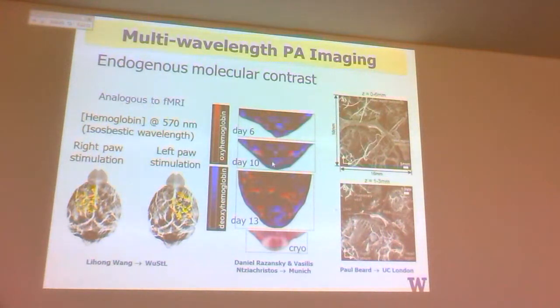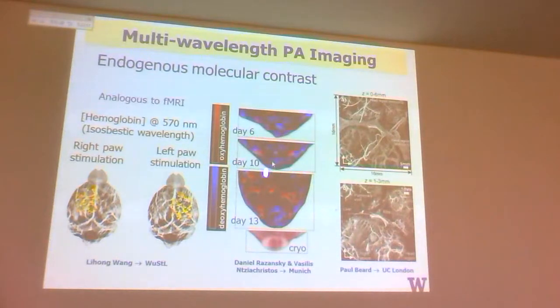There's no ultrasound. This is when they used to yell at me that there's no ultrasound in there. What's the gray image? That's background standard photoacoustics at one wavelength. And that's integrated over time too, so that's not real time. That's integrated over multiple cycles. That is gated. But it's a beautiful picture. It was great.